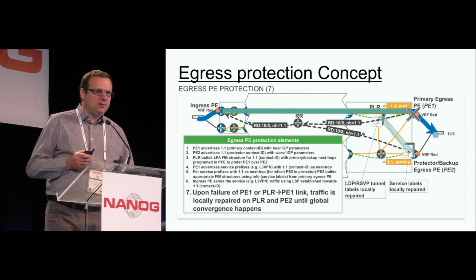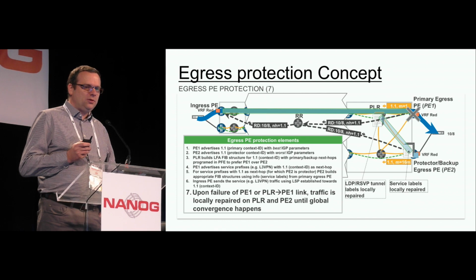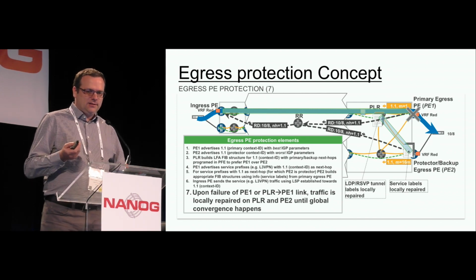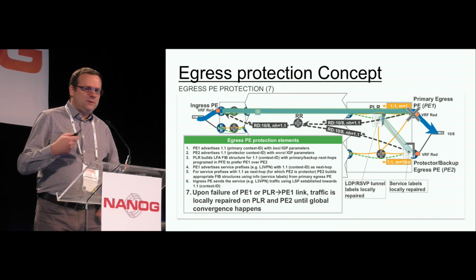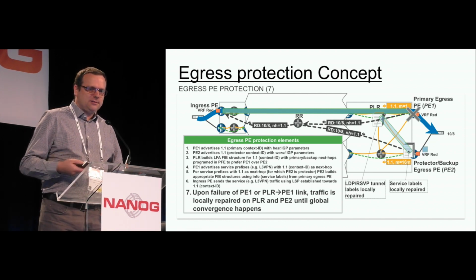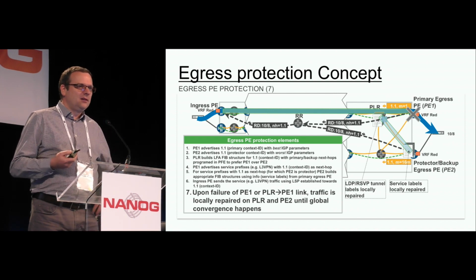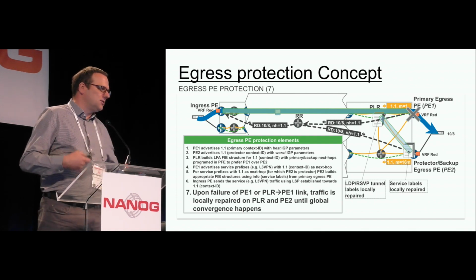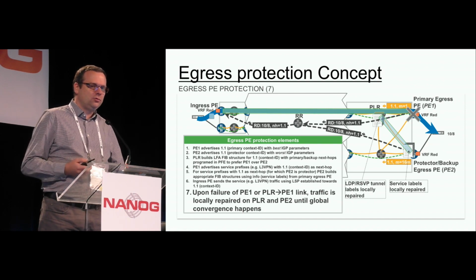This traffic eventually arrives at the PLR. The PLR is the node directly connected to P1, and the PLR already knows that P1 is dead because the link, for example, to P1 went down. So the PLR uses the backup next hop. Yes, we discussed that the PLR has prepared an LFA backup next hop, for example. So the PLR is using the backup next hop and is redirecting this traffic to the protector.